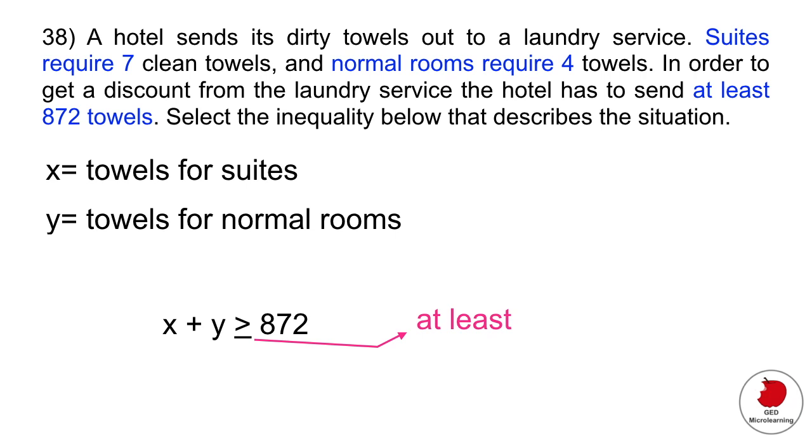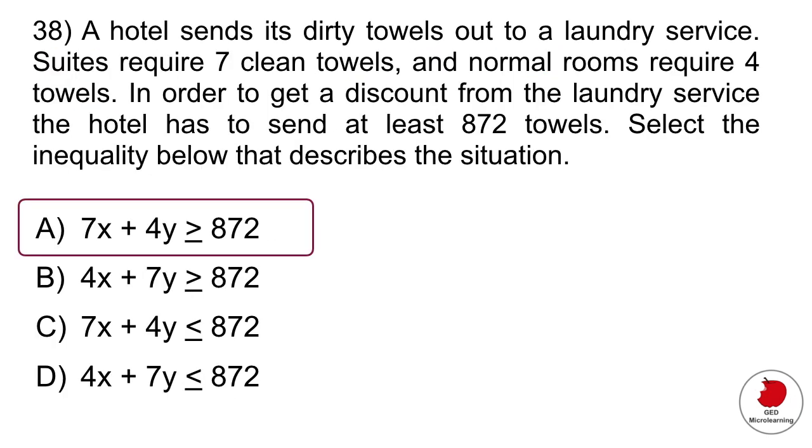And we know that in the case of suites, they require 7 towels, so that would be 7x. And then normal rooms require 4 towels, so that would be 4 multiplied by y. So that would be basically our inequality, which is option 1.